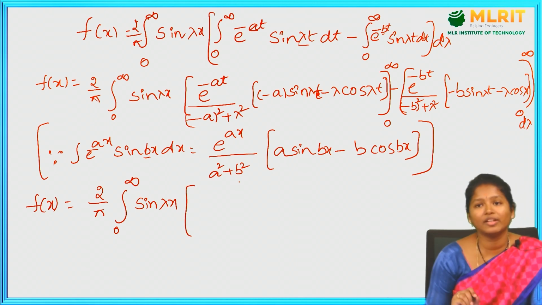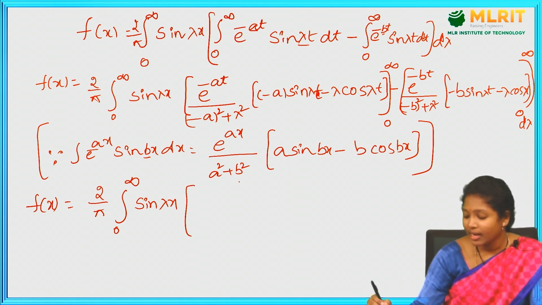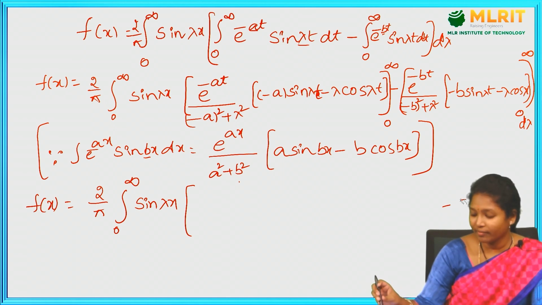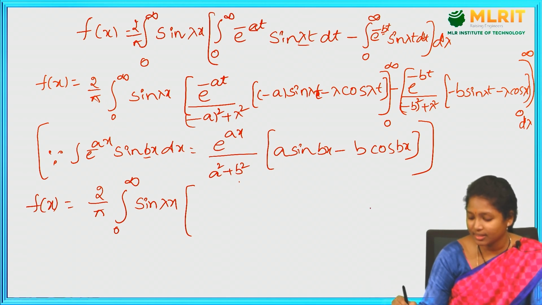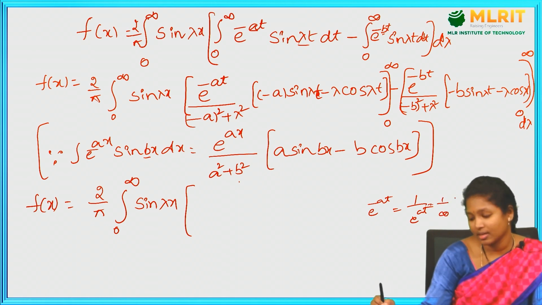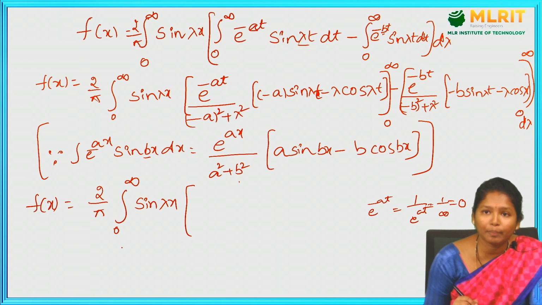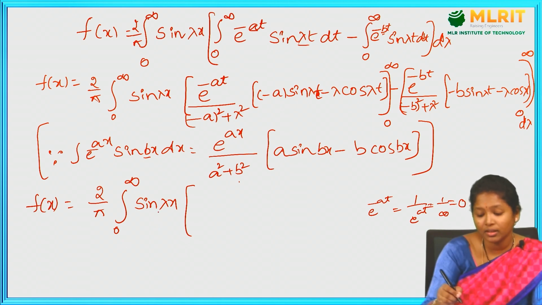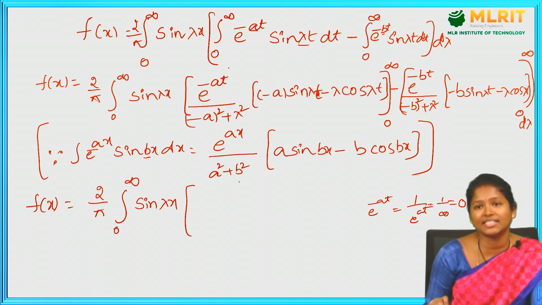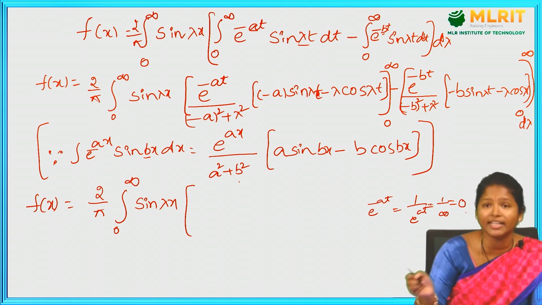So when we will substitute infinity, here e power minus at is there, right? So we can write e power minus at as 1 by e power at, right? So when we will substitute infinity, we will get 1 by infinity. So 1 by infinity value is 0. When we will apply upper limit, the whole term will be 0 because e power minus at term is 0. 0 into anything is 0.